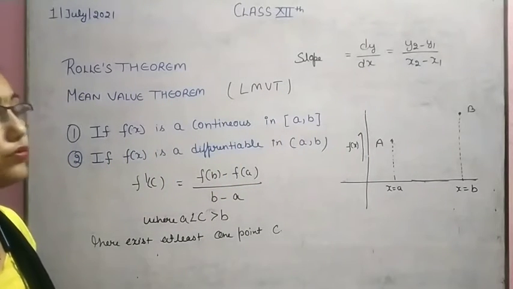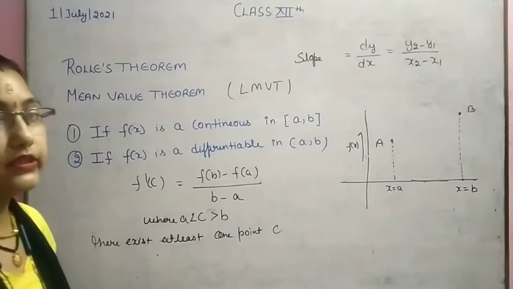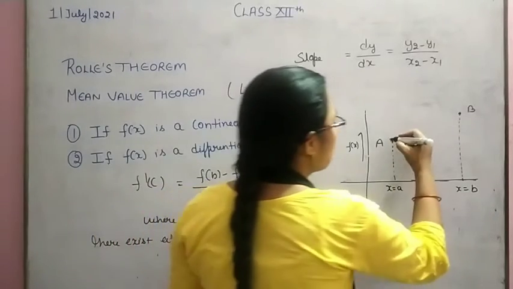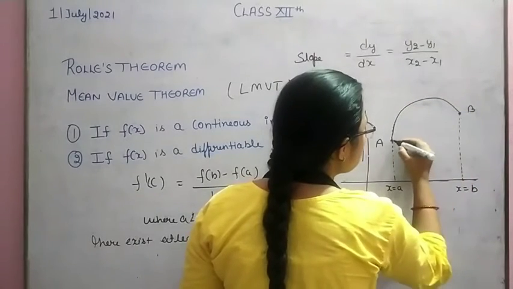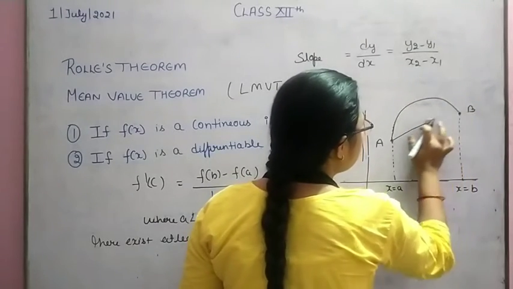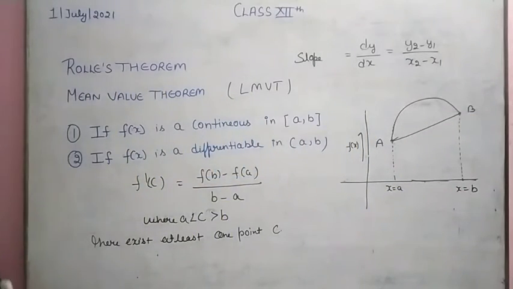Now we have to draw a graph between a and b which is continuous and differentiable also. As in the previous graph, we can draw the graph like this and join A and B. Okay. So just try to find a point where the slope of the graph is equal to 0.